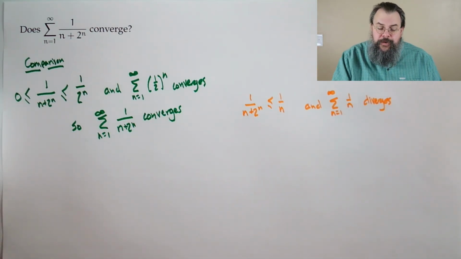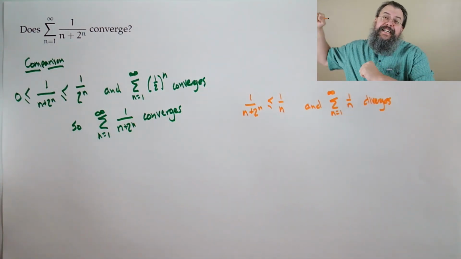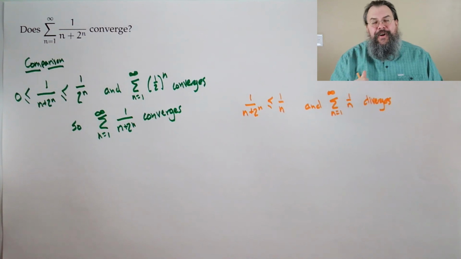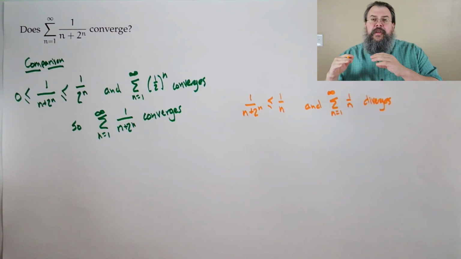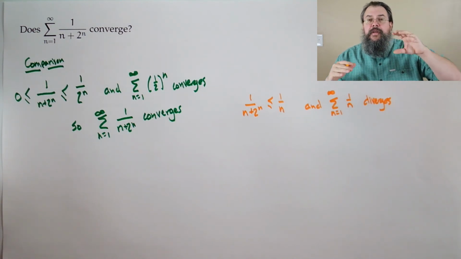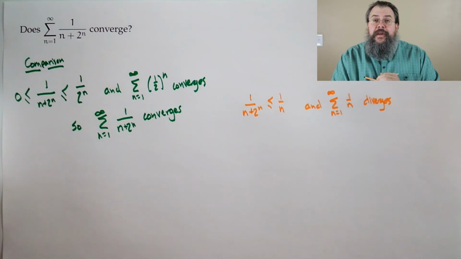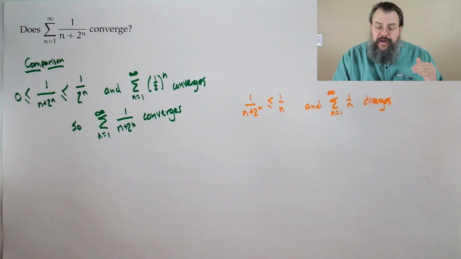So what's the conclusion we can make about that sum? The answer is no conclusion at all. Why? Because I have something which diverges, but now I have something beneath it. And just because I'm below something which diverges doesn't mean I have to diverge. I could also converge.